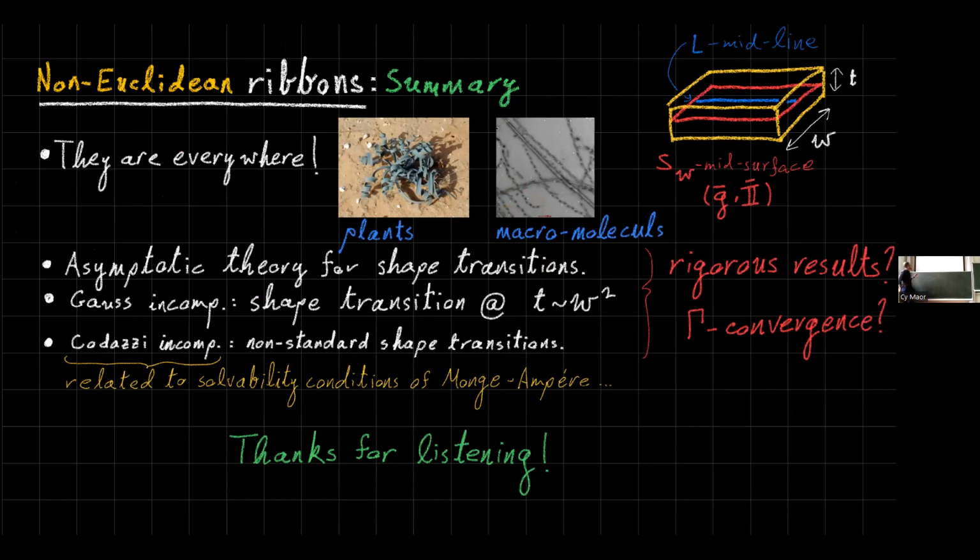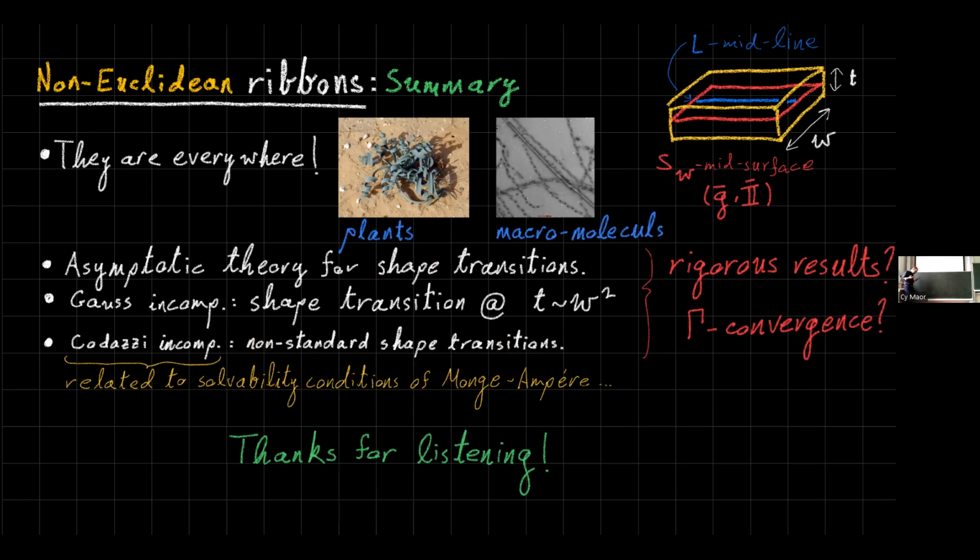And as I said, in this last part I presented asymptotic theory for shape transitions. We saw that for Gauss incompatibilities, the result is rather robust. You have a shape transition between t and w squared. But for Kodazzi incompatibility, you have somehow a non-standard shape transition, or you don't have a shape transition.